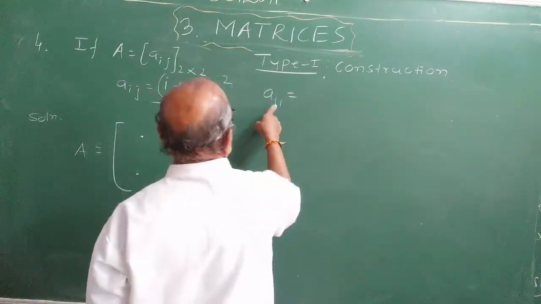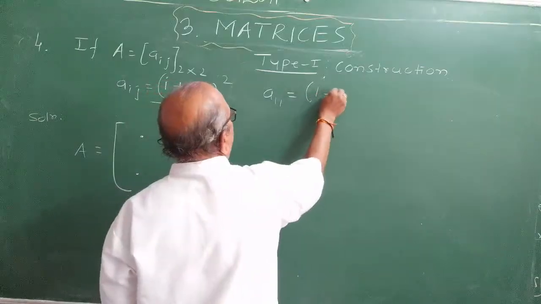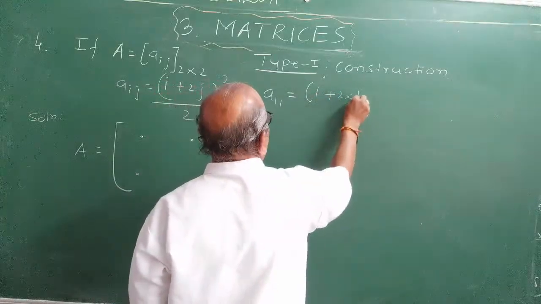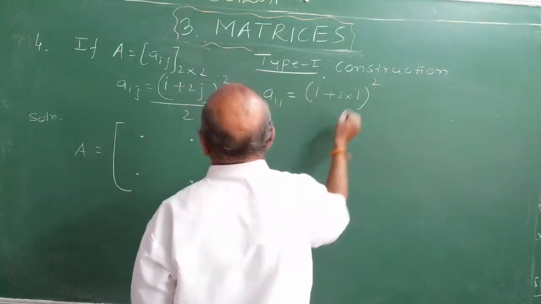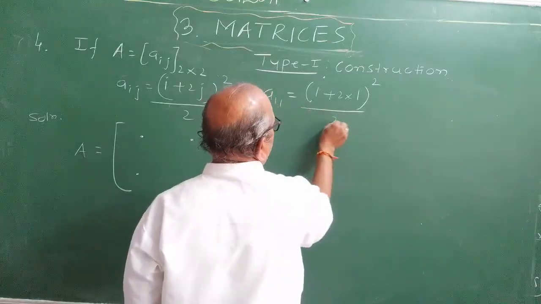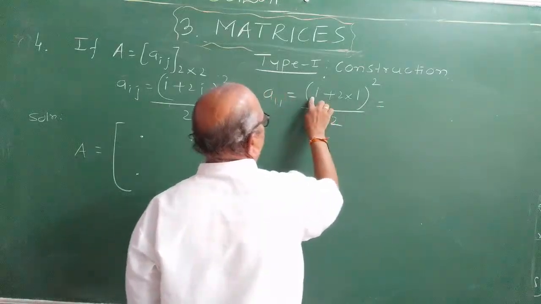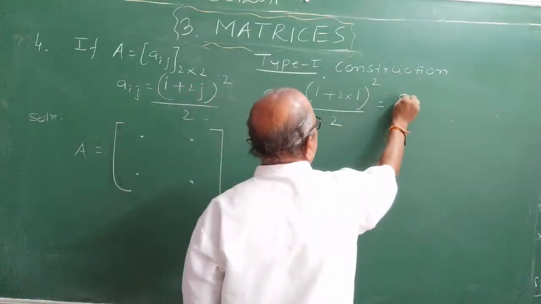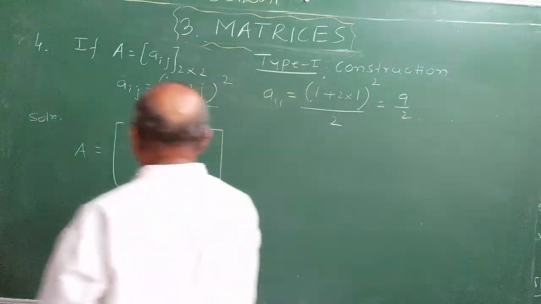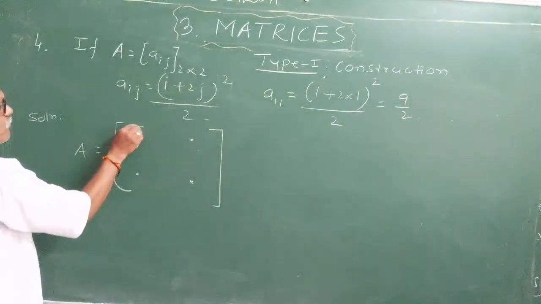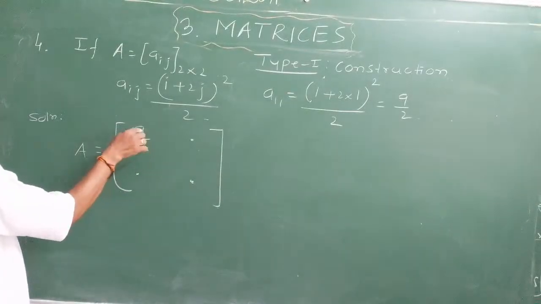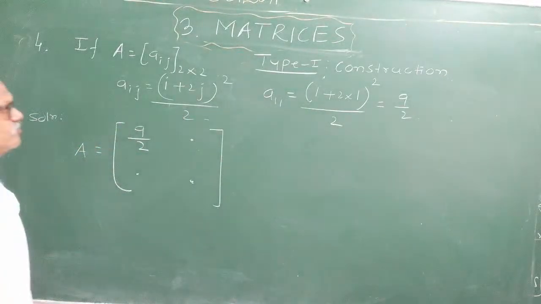What is Aij equal to? You have (1 plus 2 into 1) square divided by 2. What do you get? 1 plus 2 is 3, 3 square is 9 by 2. Therefore, the first element A11 will be 9 by 2. I will remove the dot and fill in the blanks.